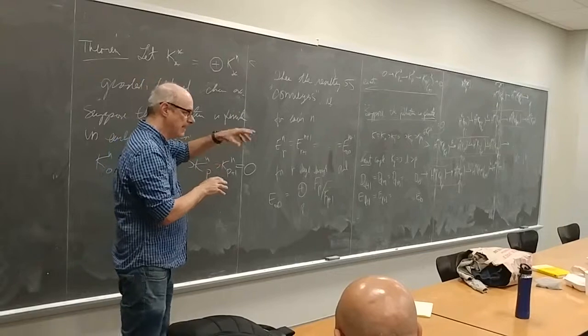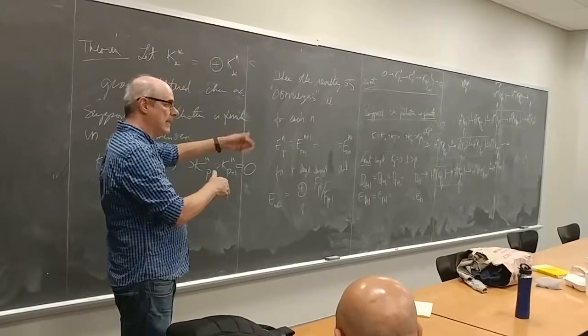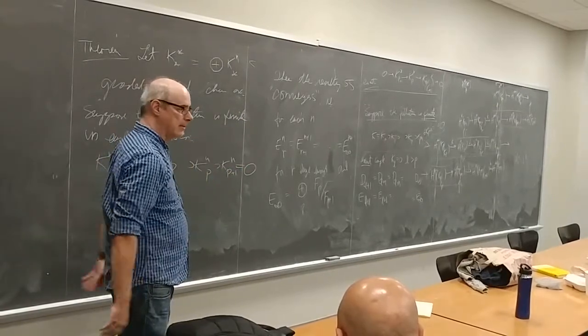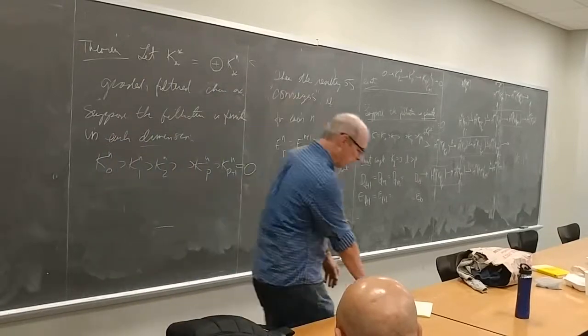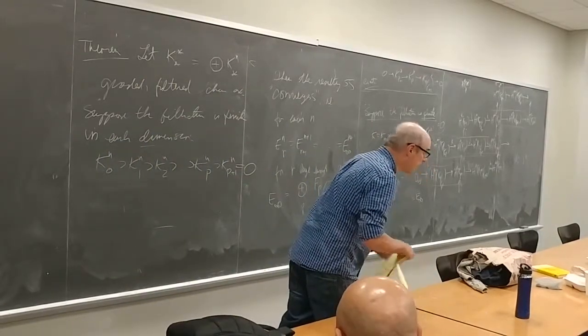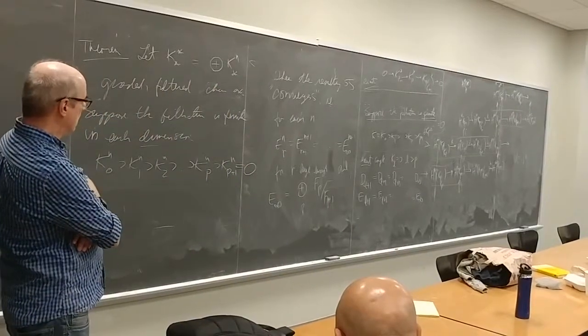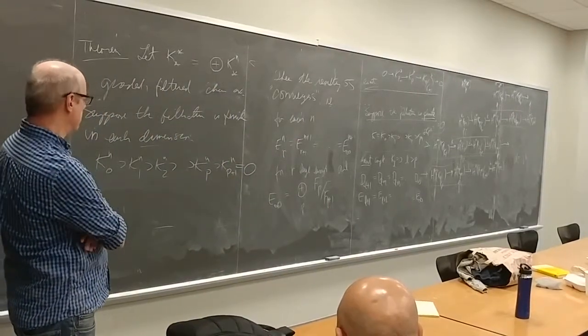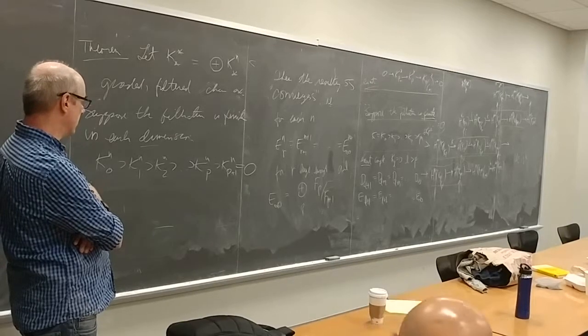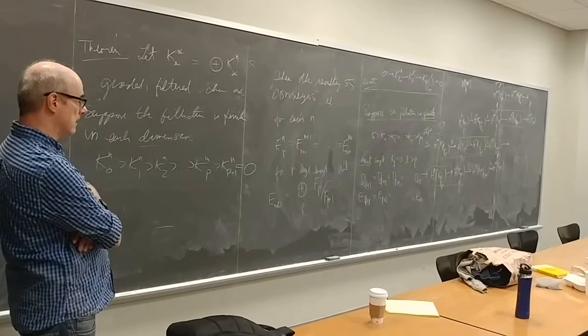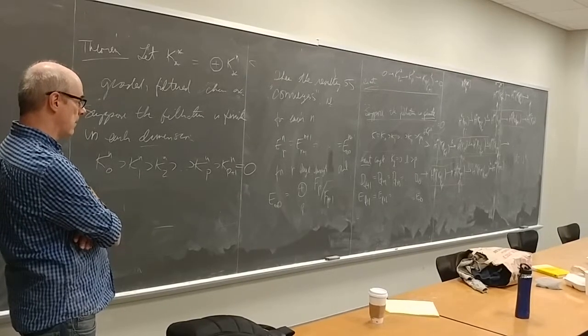As long as you have the finite filtration in each dimension, then the same thing happens, and you get the result. So there's a convergence theorem, which is used all the time in practice.